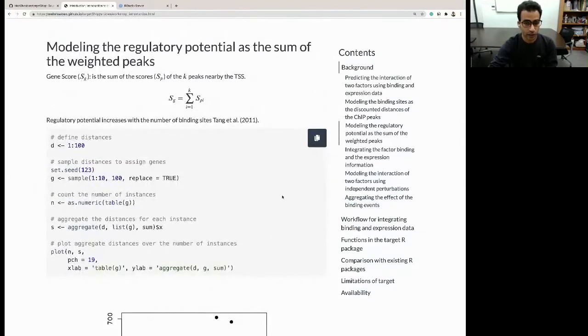And to model the regulatory potential of genes, we collect all the peaks that are near the transcription start site for a certain gene, calculate the score for them, and then sum these scores to give a unified score for individual genes.